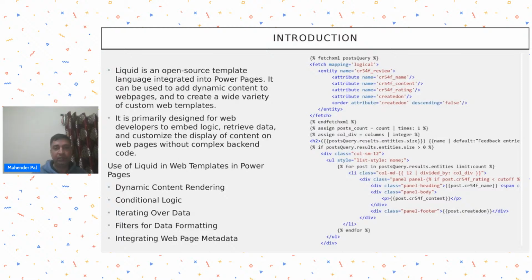FetchXML is used here, and you can see the curly bracket and percentage sign. This is the way of using liquid in the web template.